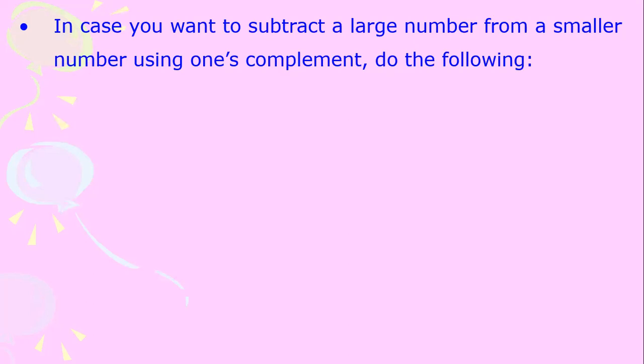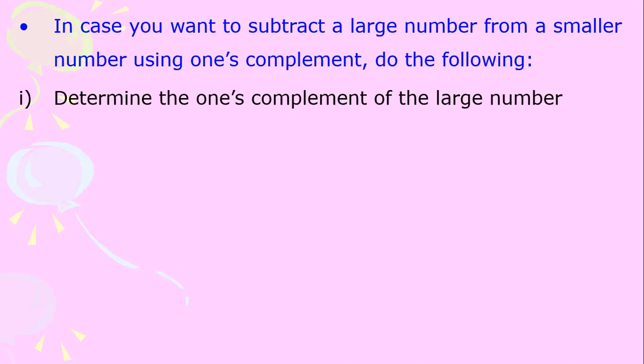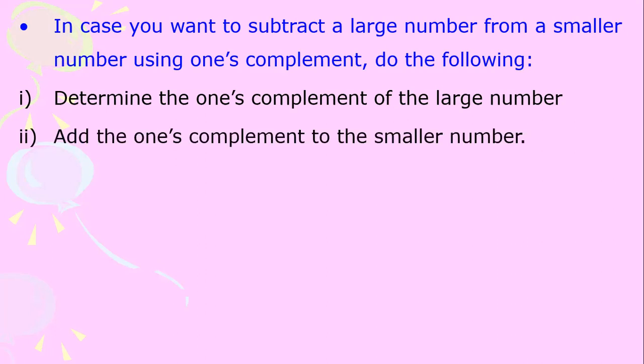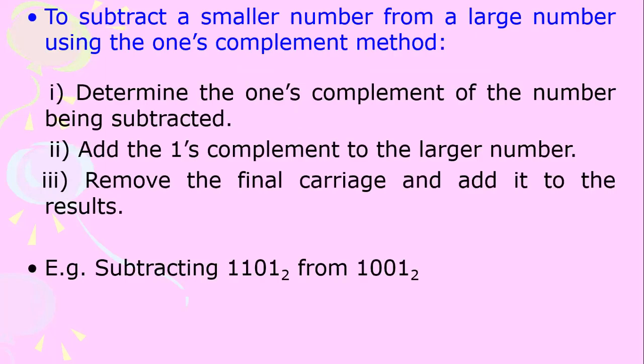So in the case you want to subtract a large number from a smaller number using one's complement, do the following. Number one, determine the one's complement of the large number. So in this case, of course, we know that our large number is 1101 and our smaller number is 1001.